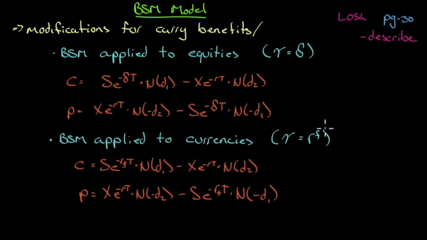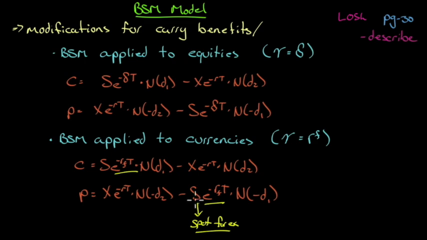If it's applied to currencies, our gamma in that case is just the interest rate on the foreign currency, and you just substitute that in right in front of the stock price on both. You're reducing the value of the stock price. This is not a stock price anymore. It's a spot quote, a spot foreign exchange. Then there's the strike price. And of course, this is the option on the currency.